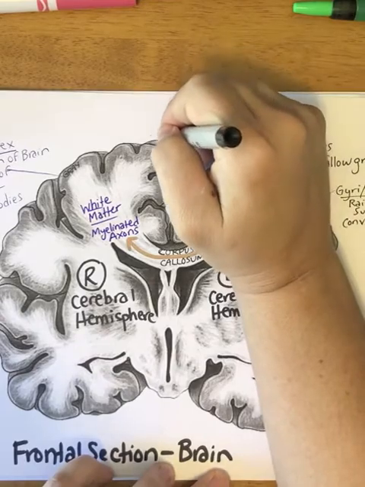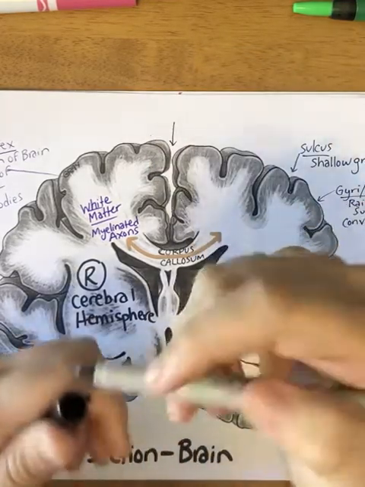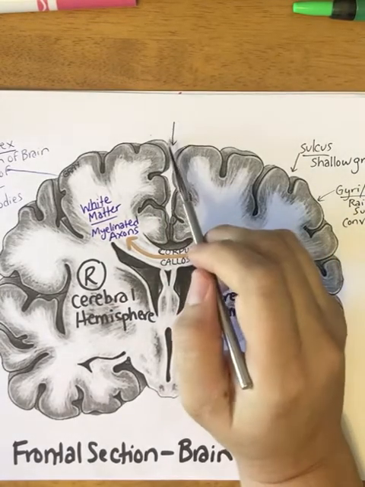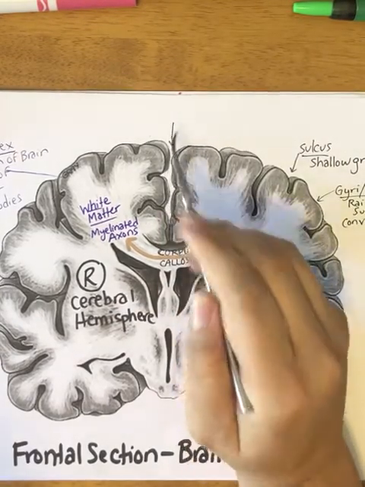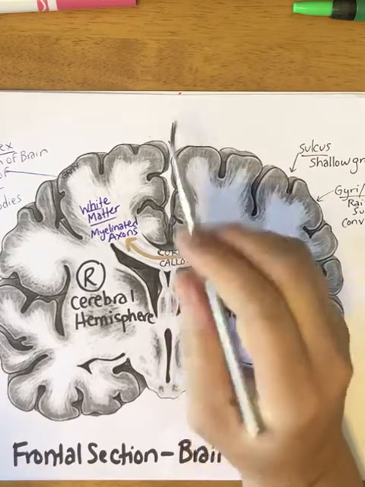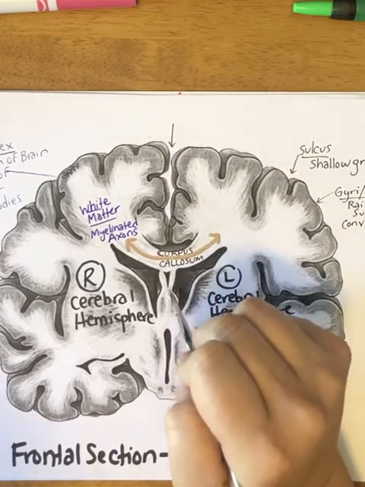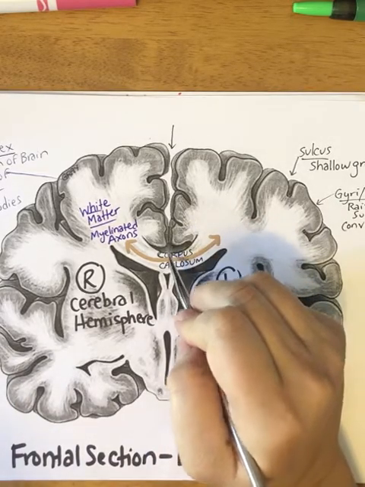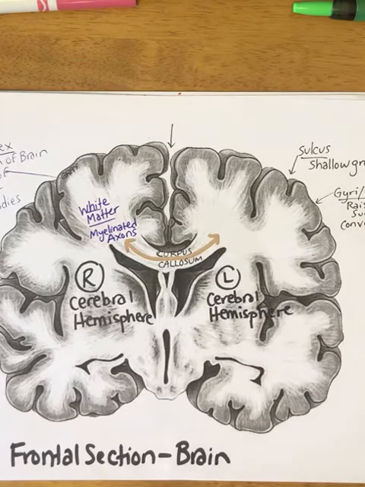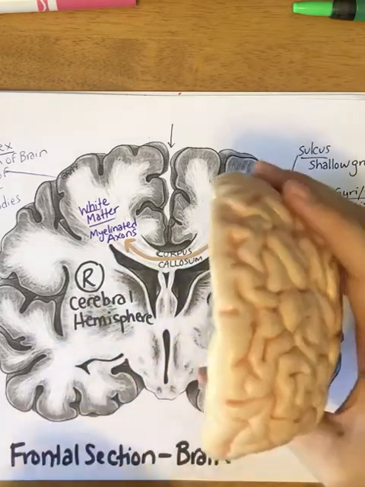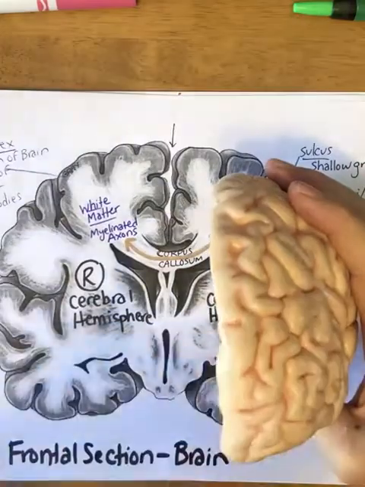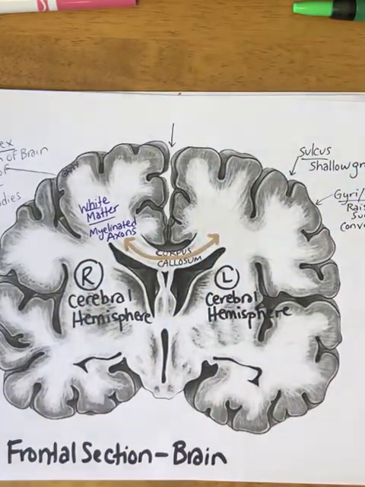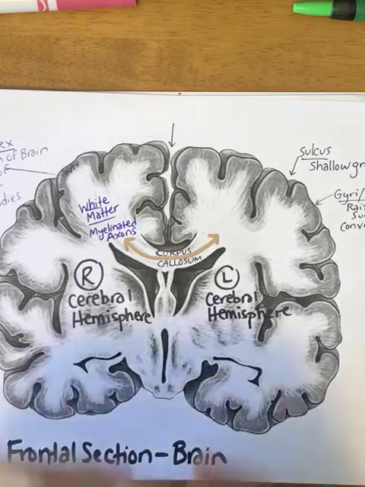Now, when we talk about the cerebral hemispheres, I said that you would have to take a scalpel and place it into this fissure right here in order to cut through the corpus callosum, and then you'd have to cut through the diencephalon in order to divide the brain into left and right cerebral hemispheres. So literally, you're looking at a frontal view. If we cut it in half right here, that's a frontal view.